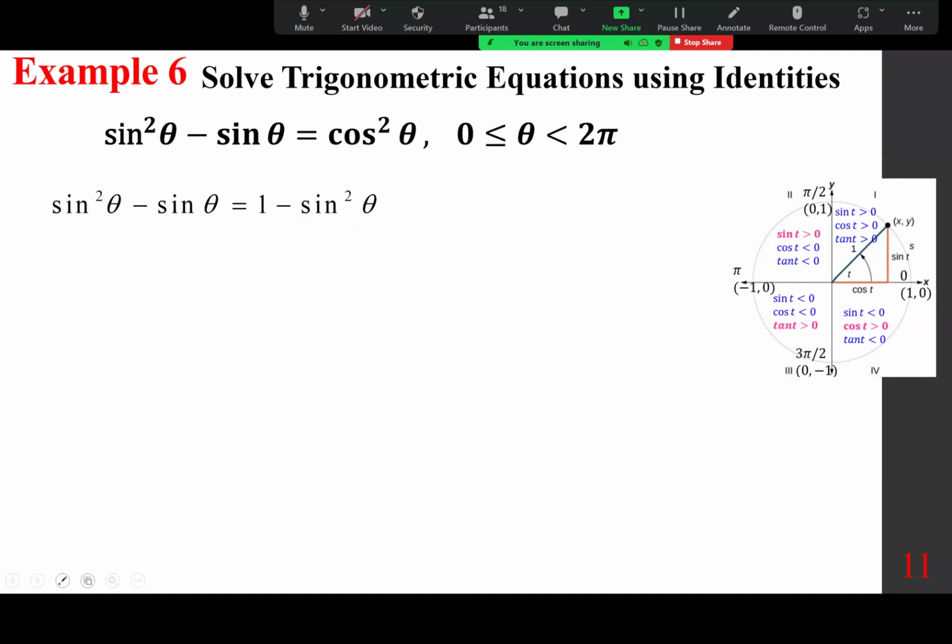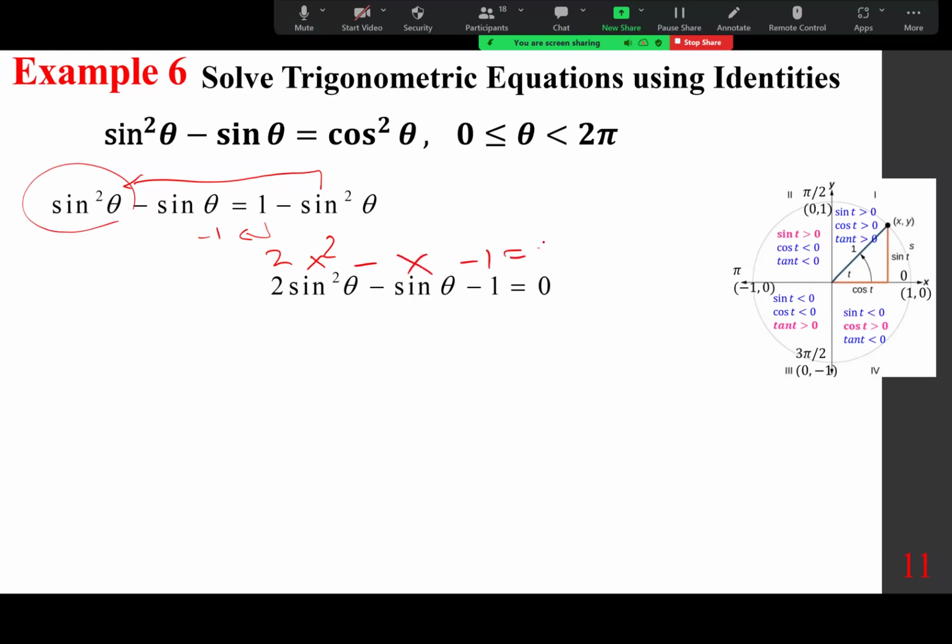I'm assuming we are comfortable with the identities, everybody. And so this moves, with this one becomes 2, this moves and becomes negative. And this is similar to what we just did. You have to factor it. The factoring, again, you can go with, let's say, 2x squared minus x minus 1 equal to 0, and factor this, or just factor it the way it is.